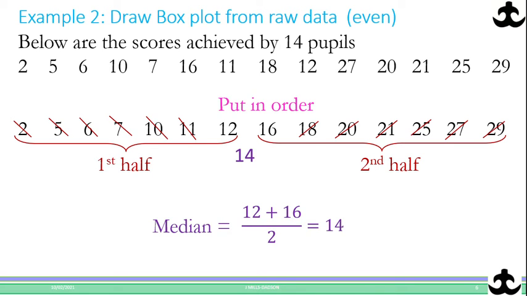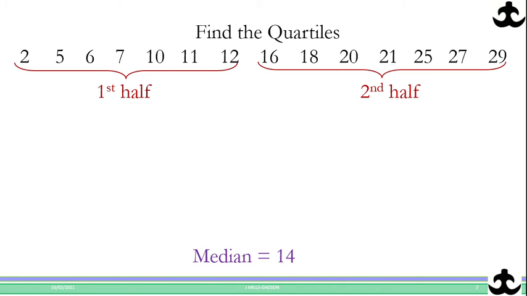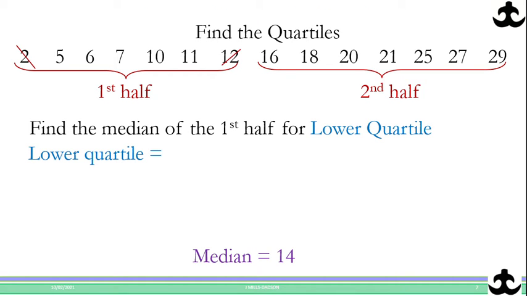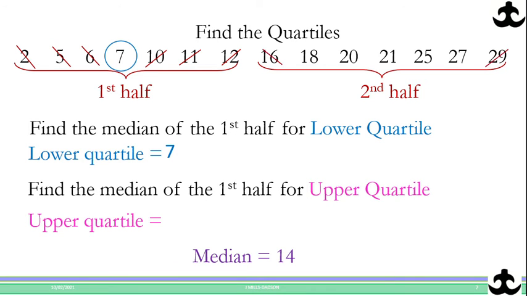Let's work out the median for the first half for our lower quartile. So it's 7. Let's work out the median for the upper second half for upper quartile. 21. Okay.